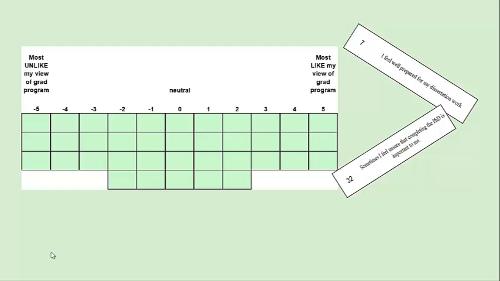They would start off with like my view pile, unlike my view pile, and neutral, don't really care one way or another, don't understand what this statement is even about. And then they would take the like me pile, and they'd find the 3 that are most like me. So maybe this is a 12, because all the statements have numbers. And this one is 40, and this one is 3.